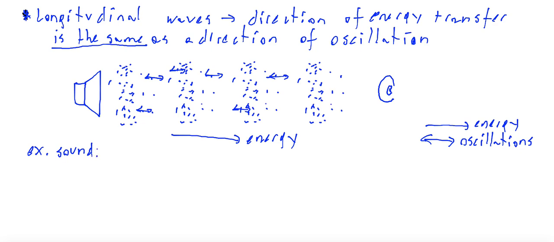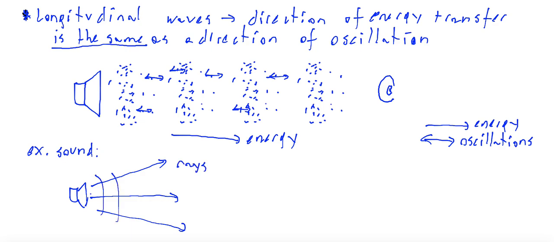When you have a loudspeaker which emits sounds, the rays are here, and wavefronts are represented by arcs. Another example of a longitudinal wave is a slinky, the spring.